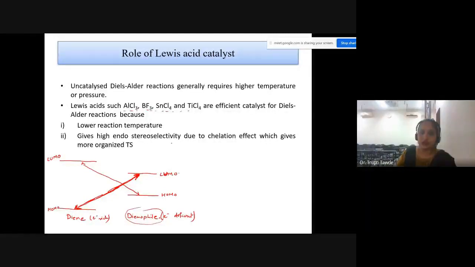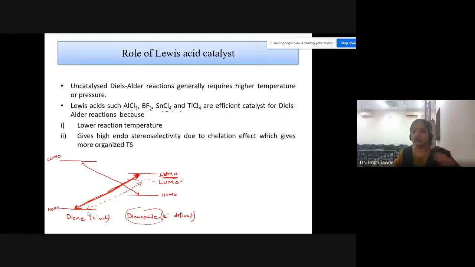They interact with the non-bonding electrons of the dienophile, and because of this interaction, the energy level of its LUMO decreases. Now the new energy level will be like this. So this will decrease the energy gap between the diene and dienophile, and that's why you get a better reaction.